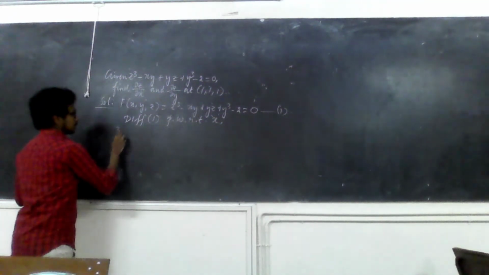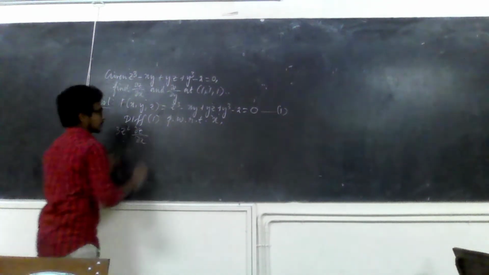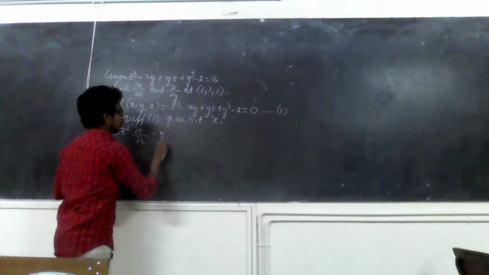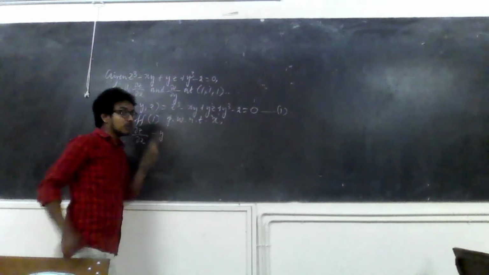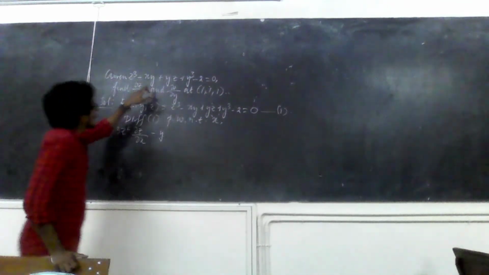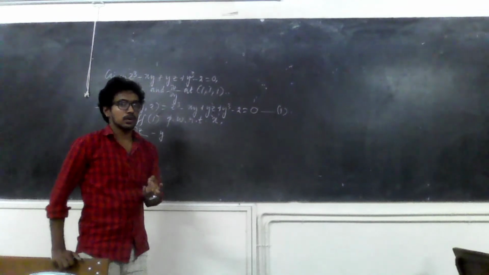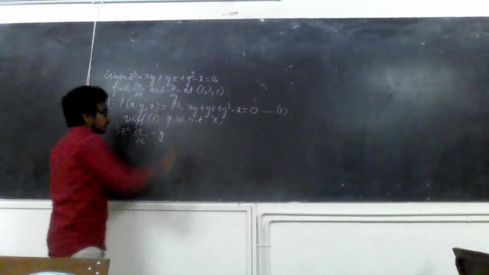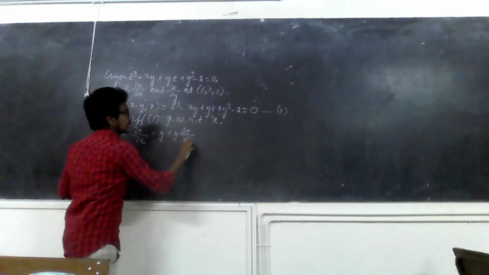So you would get 3z square del z upon del x. And here you would have y. Here z into x. Remember, here your z is a function of x and y. So you will have to treat it that way, and so here y is going to be there, and you will have del z upon del x.